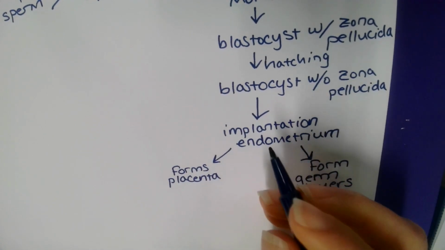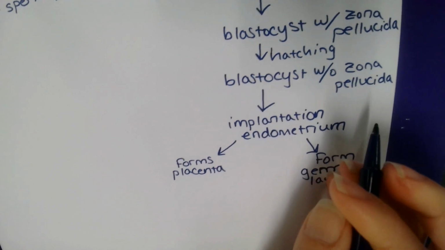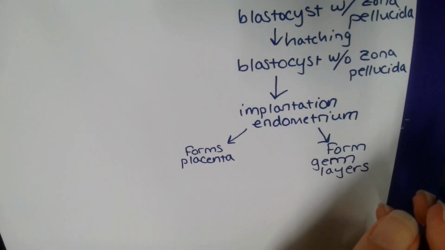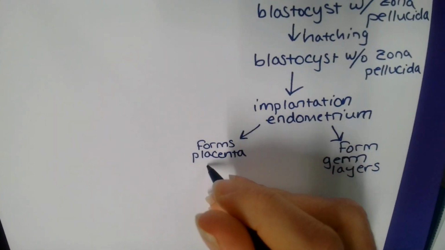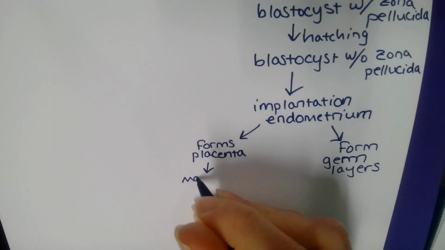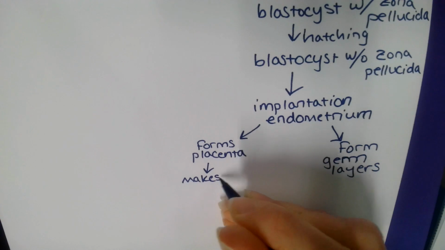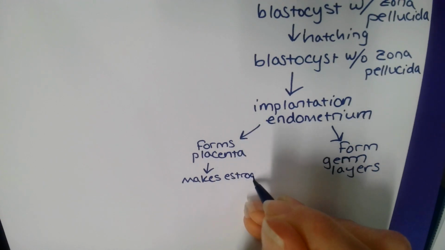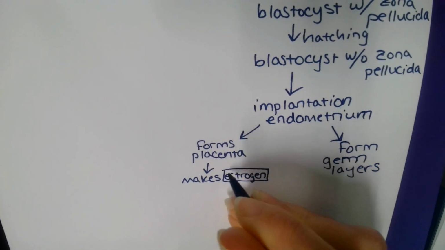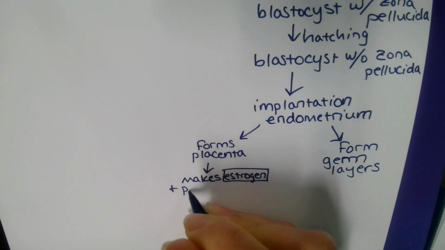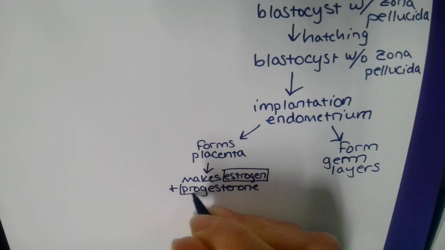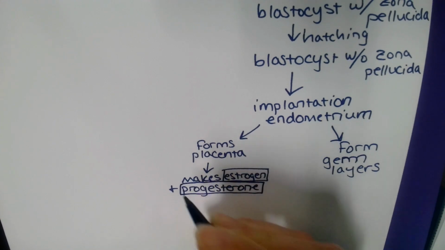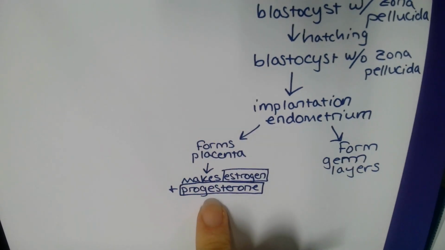And the placenta immediately begins making a bunch of hormones, and the 3 or 4 that you need to know for this class, you need to know that it's going to make estrogen and progesterone. And the progesterone is going to increase the progesterone levels for the entire pregnancy.